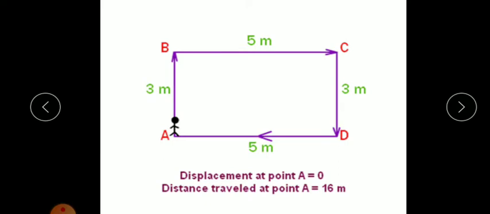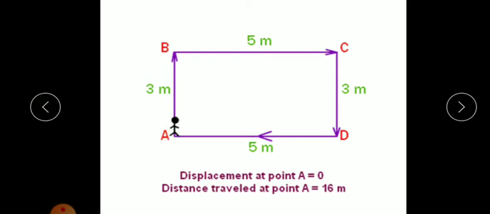Here one example is given. A child is standing at point A. He walks along the north direction to point B, and from B he travels 5 meters towards the east and reaches point C. From point C he walks 3 meters along the south direction, and from D he travels 5 meters towards the west direction and again reaches point A. That is, he reaches his initial position.